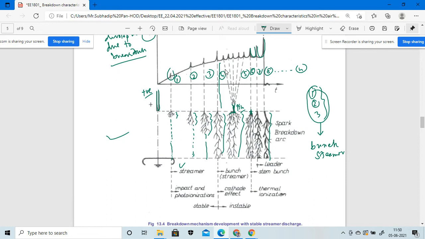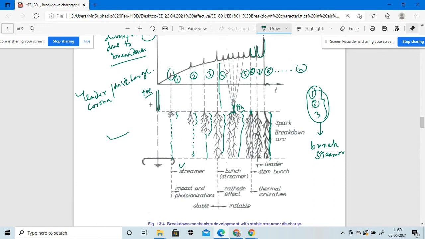So this particular operation will be known as a leader corona, or the leader discharge, we can say. In case of a leader corona, we observe that the thermal ionization process is taken into consideration.